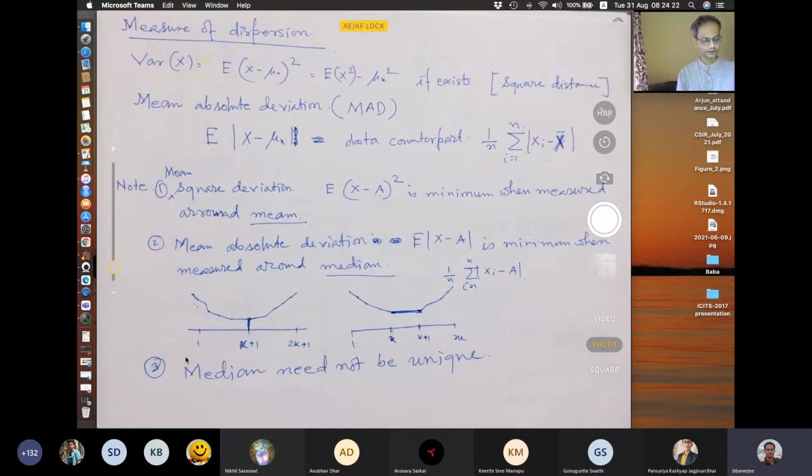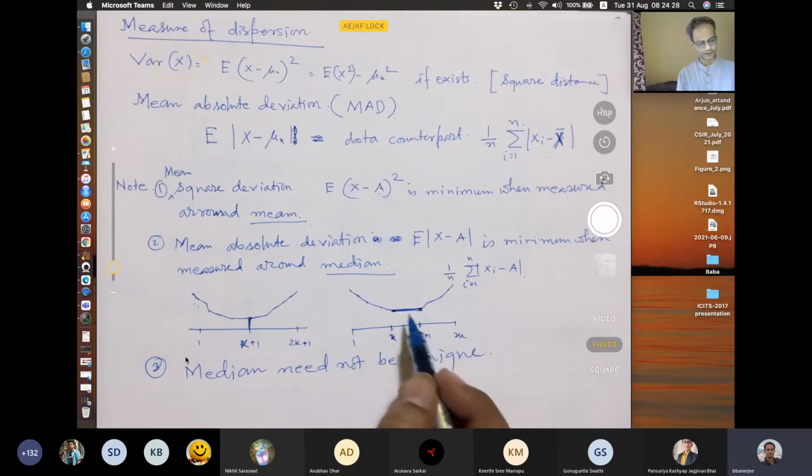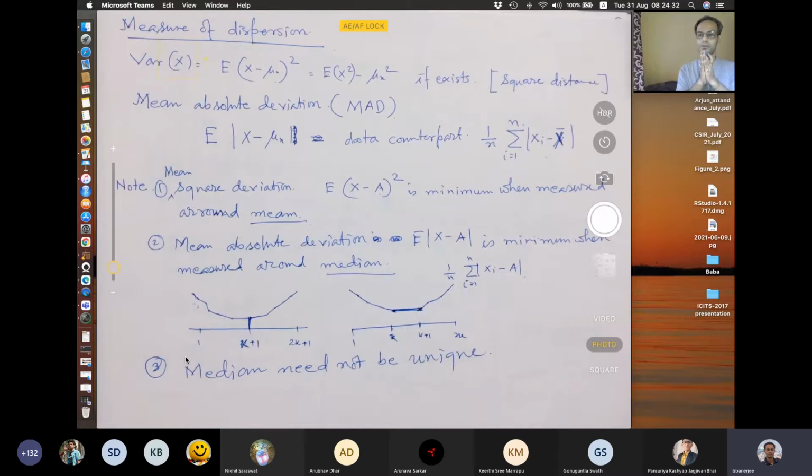But the interesting thing is that if your sample size increases, the distance between these 2 points will gradually become narrower, and as a consequence the median you obtain from data will go to the true median very rapidly as you increase the sample. That is a very nice thing, and that kind of property is known as consistency.